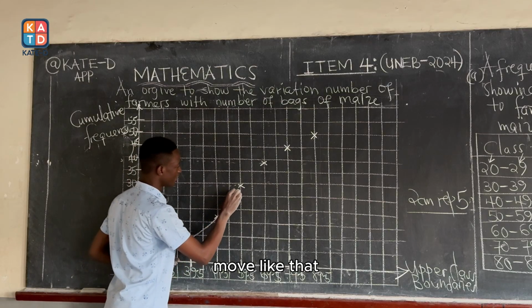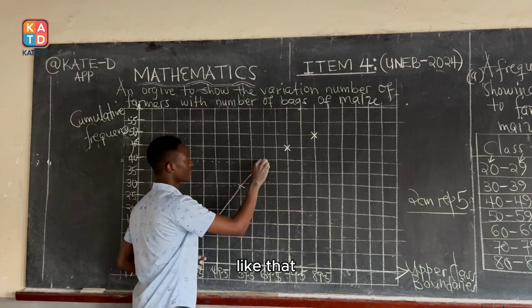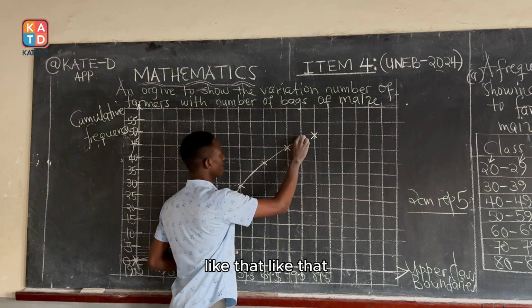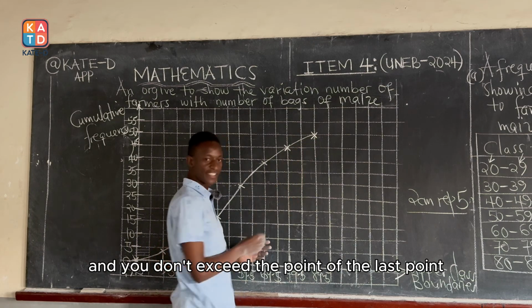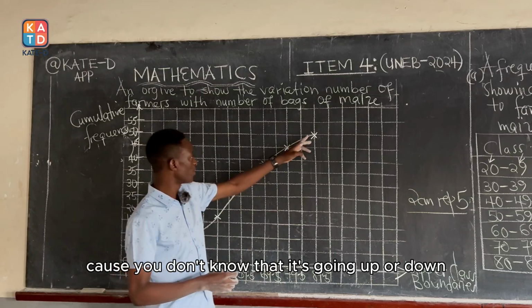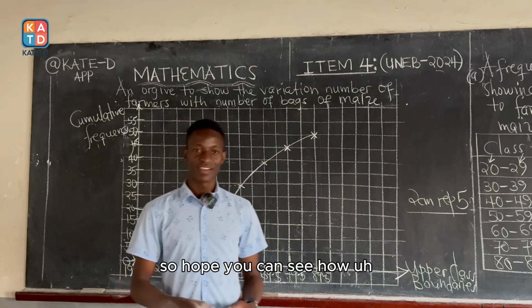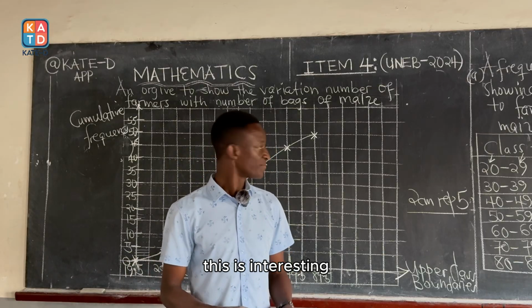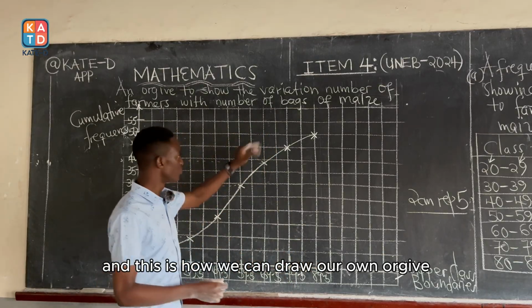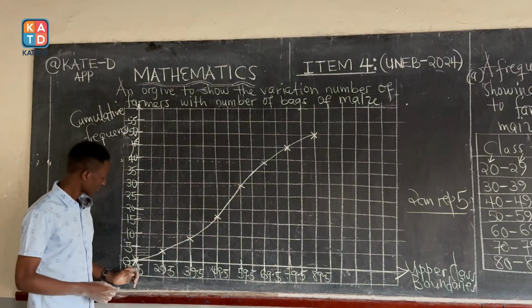Move like that, like that, like that. And you don't exceed the last point because you don't know whether it is going up or down. So hope you can see how this is interesting, and this is how we can draw our own ogive.